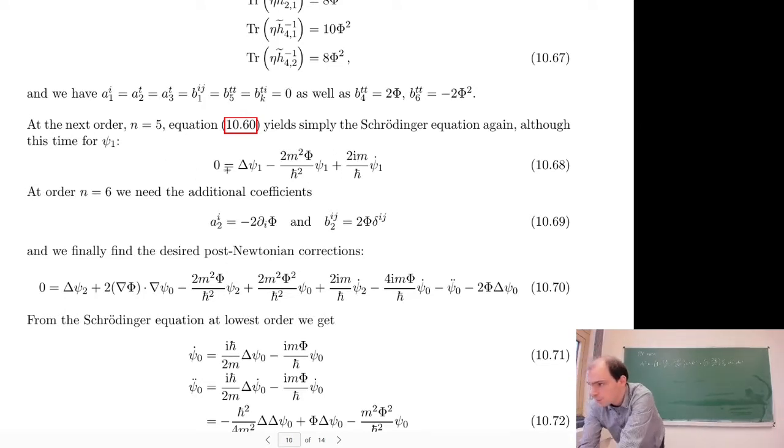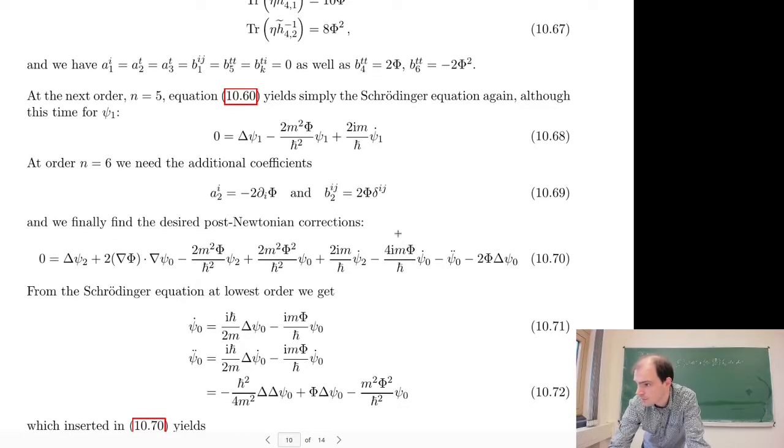And now we can go one order higher, and again we get a Schrödinger equation for our psi1, so for the first order correction of our field. And we can go another order higher, where we get additional conditions for our coefficients.